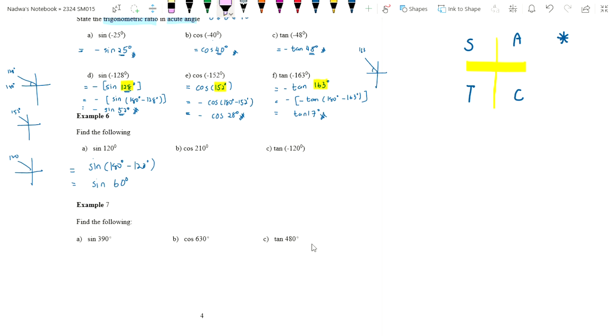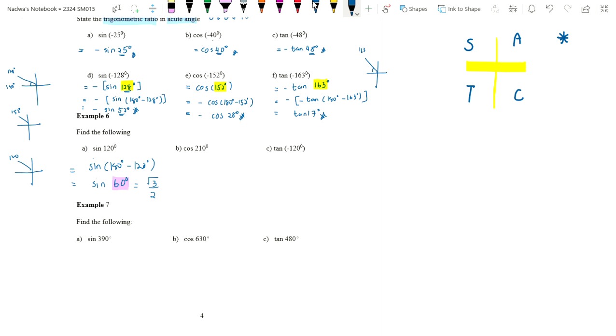Special angle means that we can memorize its value for sine, cos and tangent for 60 degree. So sine 60 degree is equal to root 3 over 2. So this is how back then we found the value of our trigonometric ratio.